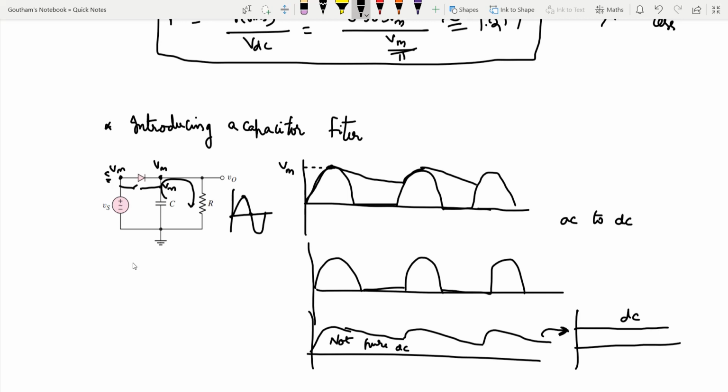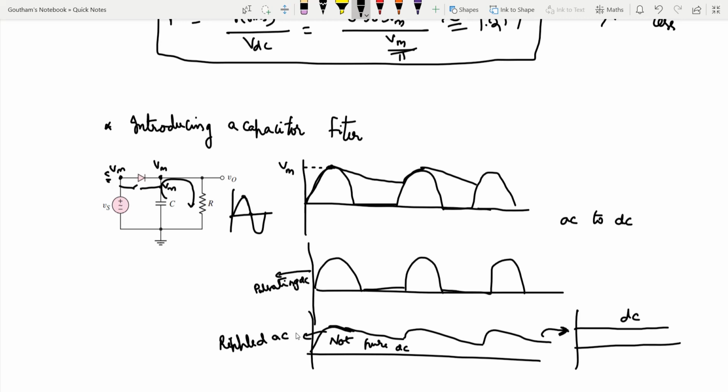You will not get a pure DC, but this is usually called pulsating DC. The half wave rectifier with a capacitor filter gives what is usually called rippled DC.